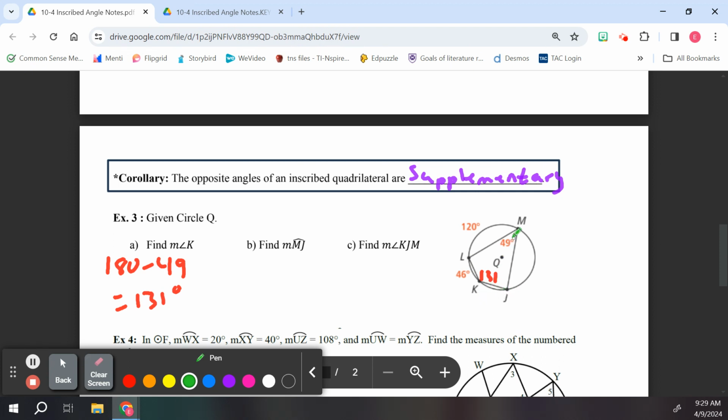We're going to take this, multiply it by 2, which gives us 49 times 2, 98. So from here to here is 98 degrees. So in order to find this, we're just going to take 360 minus 120 minus 98. So we should get a total of 194 degrees. That's for MJ.